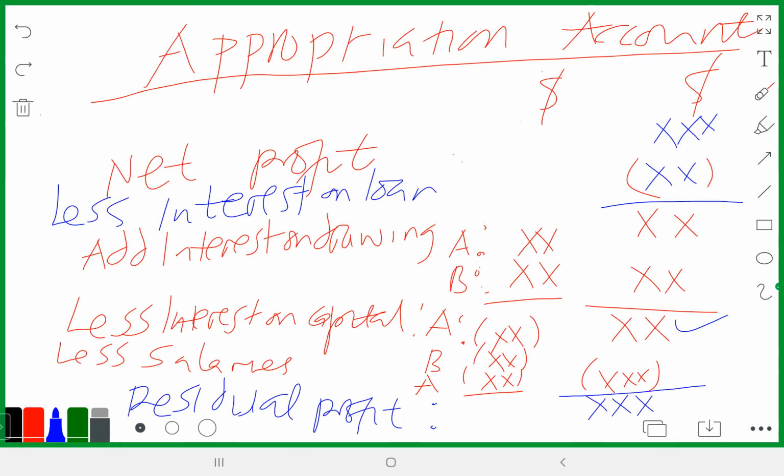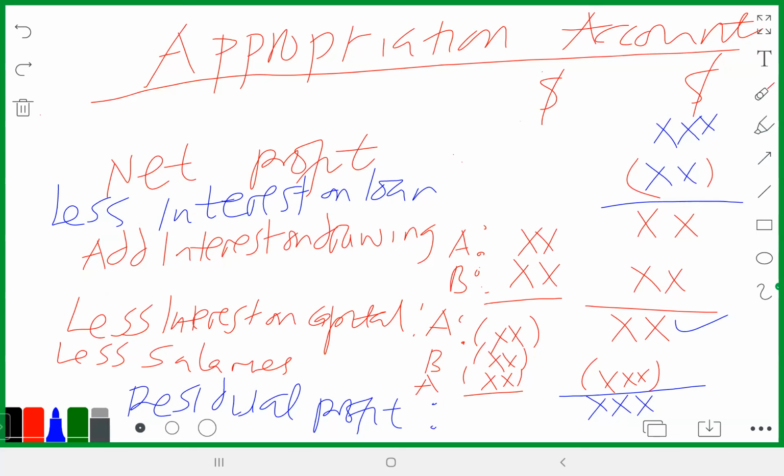Sometimes you may not have the net profit, because you would have already subtracted the interest on loan from the profit and loss statement, after finding the net profit.